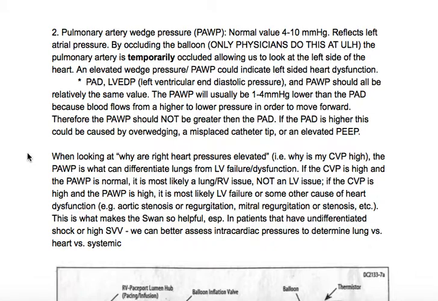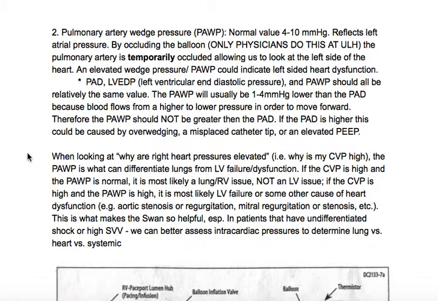When you inflate that balloon, you very temporarily occlude that pulmonary artery, which allows us to look at the left side of the heart. So the nice thing, and I'll get to this more about a Swan, is by occluding that balloon at the tip of the catheter, you can look at the left side of the heart versus the right side of the heart in the pulmonary system. So it gives us a lot more information. I know it's very invasive, but it really does give us a lot of information.